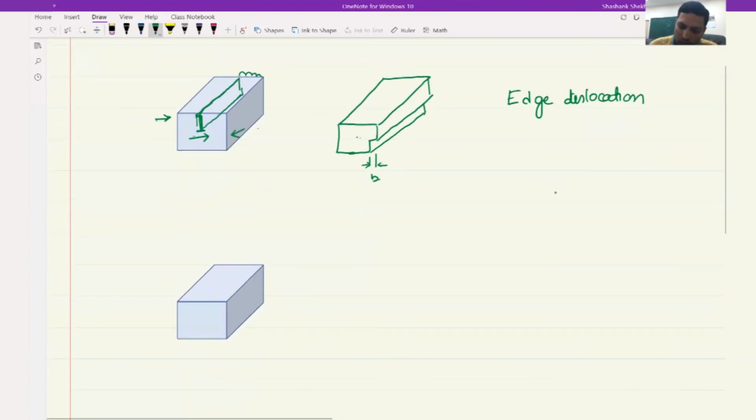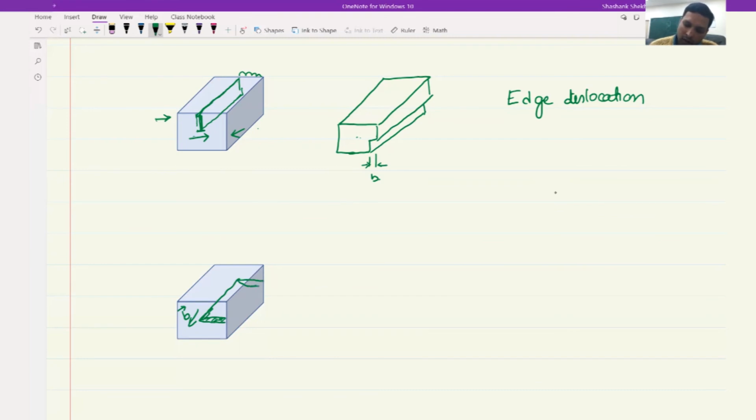In the case of a screw dislocation, you will have a slip like this, and the Burgers vector is probably something like this, either this way or the other way. So here also you will have a step like this.